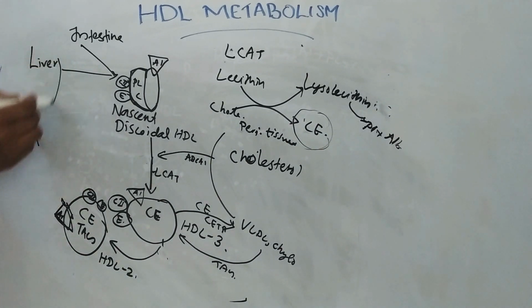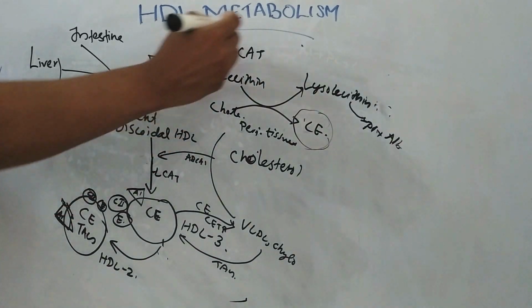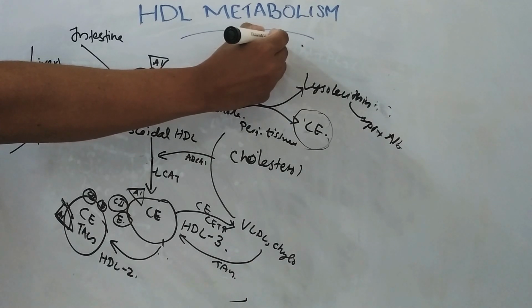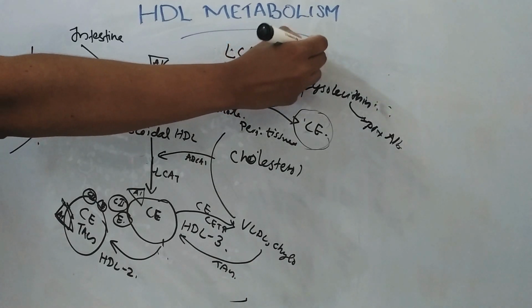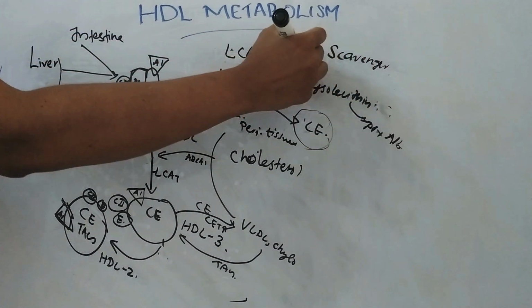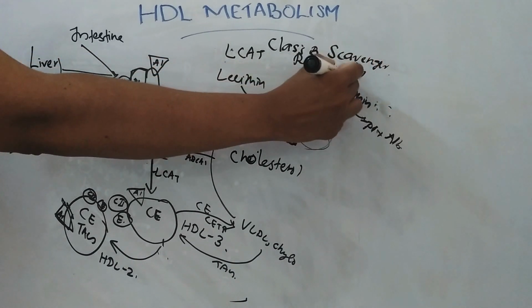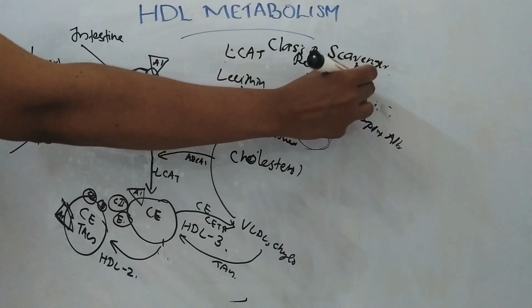Then in liver there are receptors known as class B scavenger receptor B1, that is SRB1.